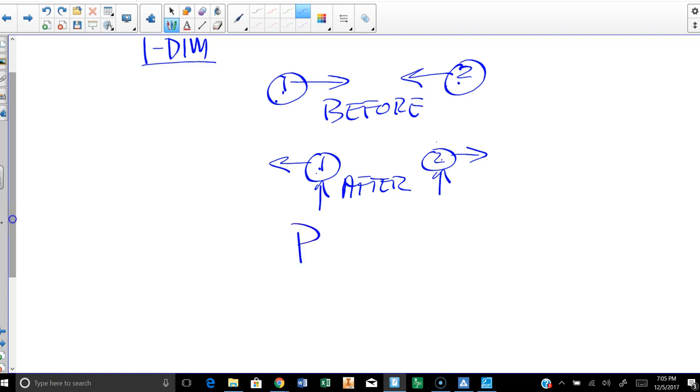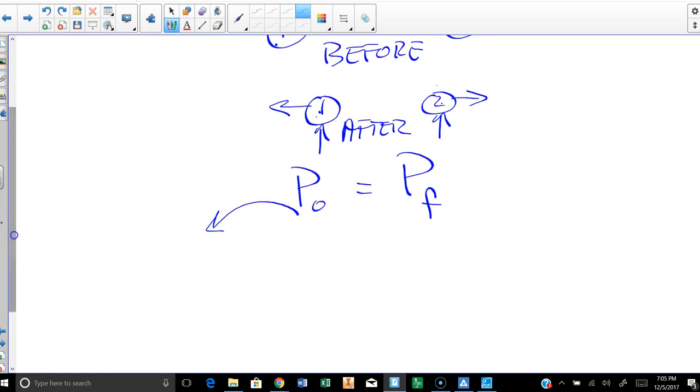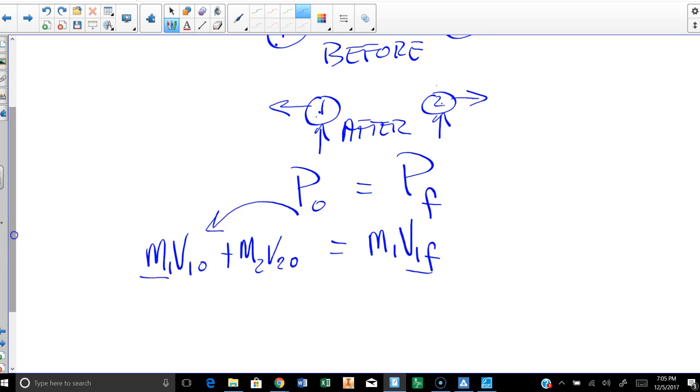So we might start with, obviously, conservation of momentum. The initial situation will be, say, m1 v1 initially, plus m2 v2 initially, would equal m1 v1 final, so the same object, but now with its new final velocity, plus m2 v2 final.